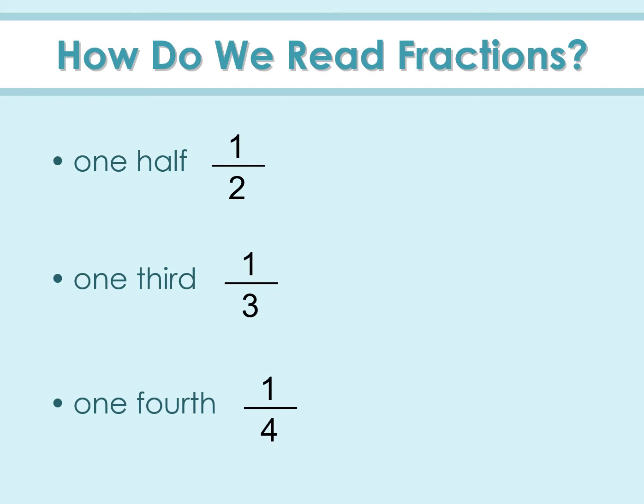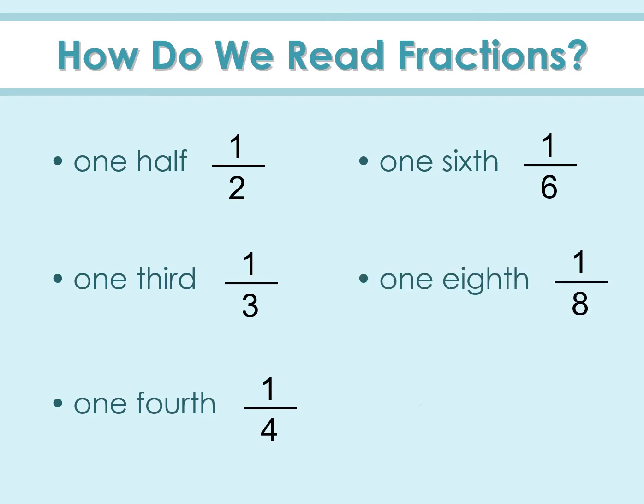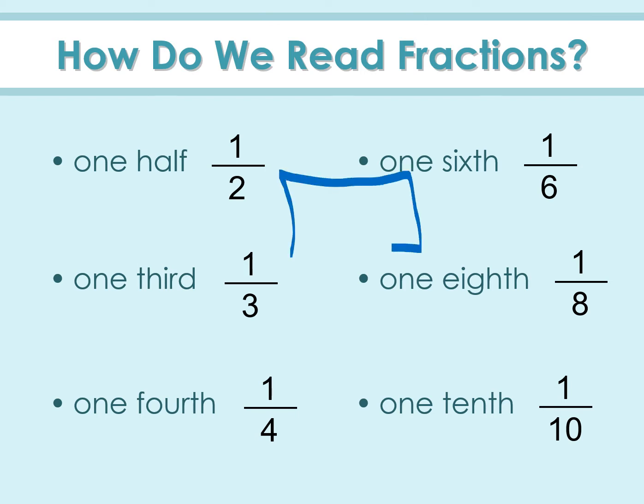How do we read fractions? We have 1/2, 1/3, 1/4, and we have 1/6. That's 1 out of 6 items, 1/8, and 1/10. These are the fractions that we usually see the most, but what you see when you're doing fractions is whatever number is on the bottom, that's how many total pieces are in this fraction.